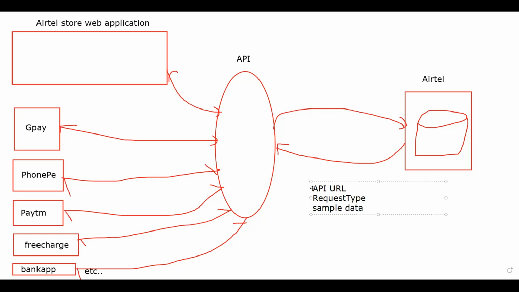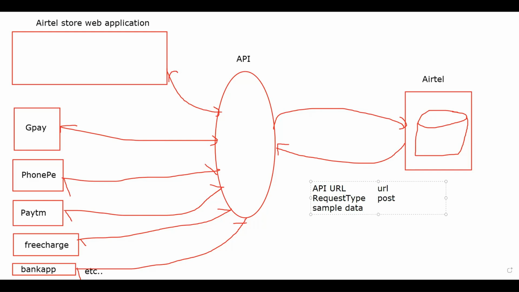For example, recharge. I want to do the recharge. Okay. So there will be one URL. And what is the request type? URL, request type, for example, post. And what is the sample data?